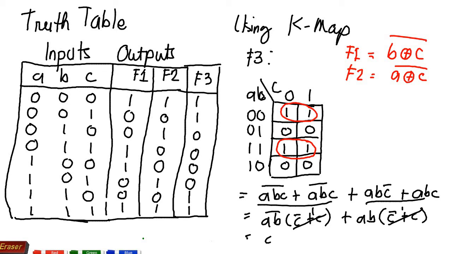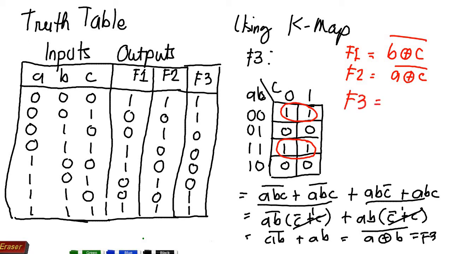So we have here A, B bar plus A, B, or this is equivalent to A XNOR B. This is now the equation of your F3. So again, F3 is equal to A XNOR B. So these are now the three equations of the given truth table.